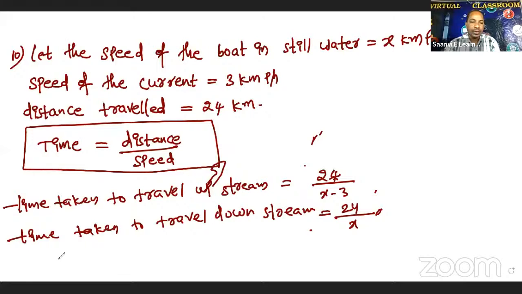The total time taken is how many hours? 6 hours. So one time is 24 by x minus 3, total means plus, the second time 24 by x, that is equal to the total time 6 hours. Take LCM here.